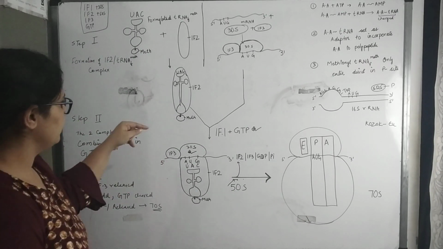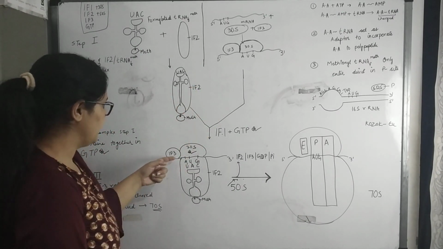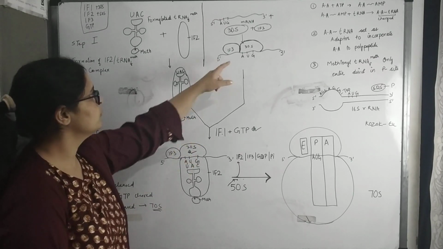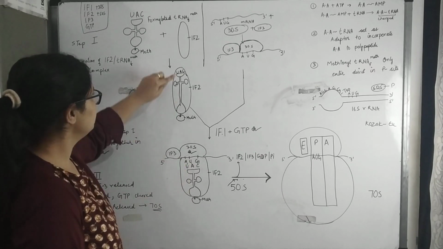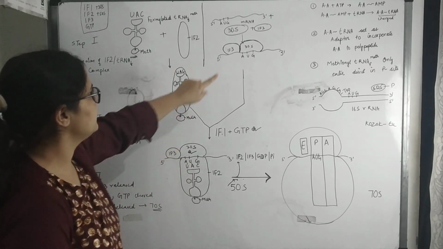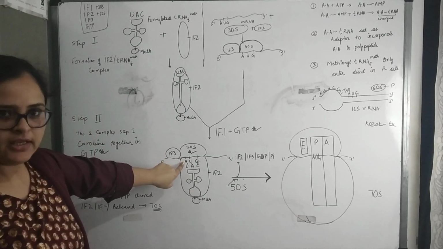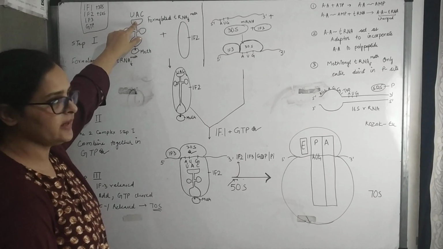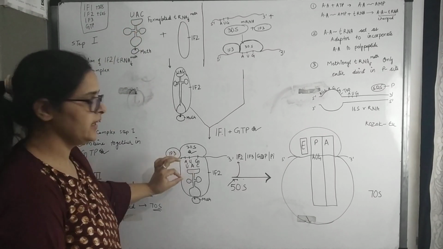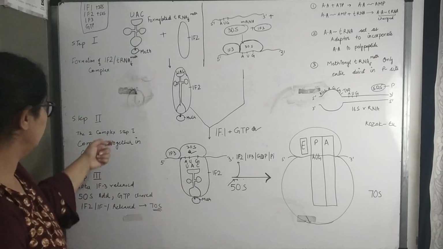So in this reaction, when both complexes merge together, IF3, 30S from here and GTP will add. AUG from the mRNA sequence, as mRNA contains AUG, pairs with the complementary UAC in the tRNA. They combine together and form complex number 2.